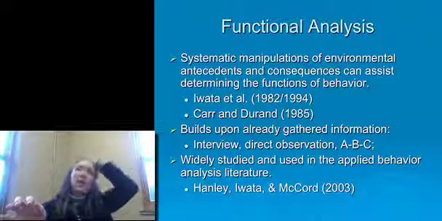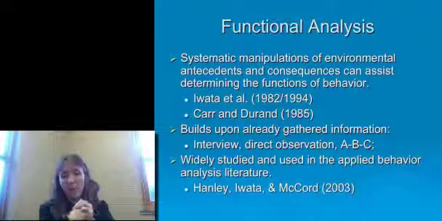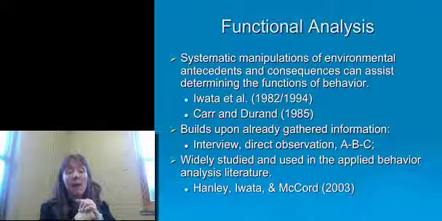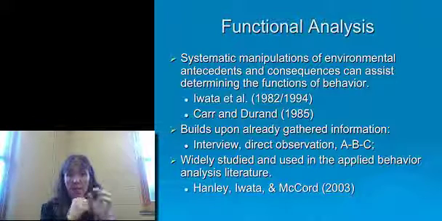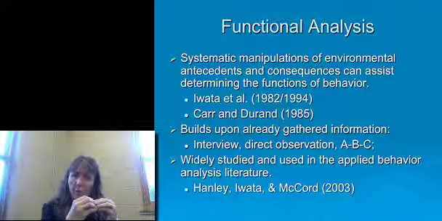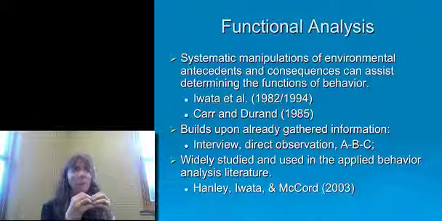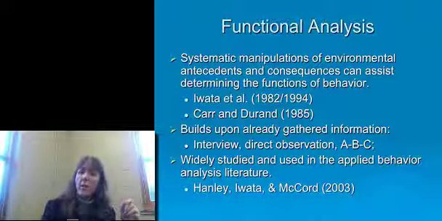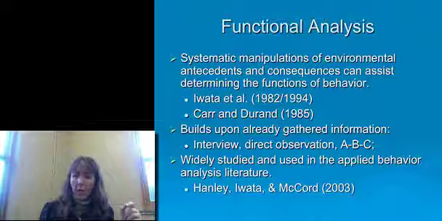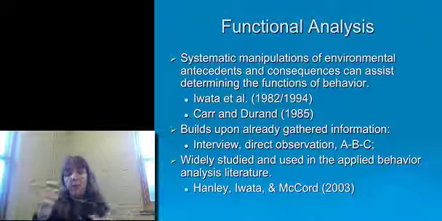Before I go on to functional analysis, a couple of other things I'm going to say about descriptive assessment. ABC analysis is the most common kind of functional assessment, direct observational measure that we do, a descriptive assessment. There are other kinds of descriptive assessments that people do. Sometimes they'll have someone come in and just do a narrative of everything that's going on. And from that, we could do some hypothesis generation.